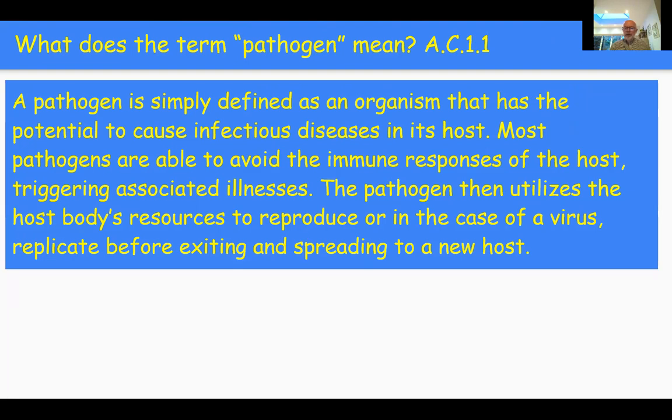Now, the pathogen utilizes the host body's resources. So it's using you, awful to think, as food. And it uses those resources to reproduce, or in the case of a virus, replicate, before exiting and spreading to new hosts, so other humans. But remember, you can get cross-contamination between humans and animals, animals and humans, okay?